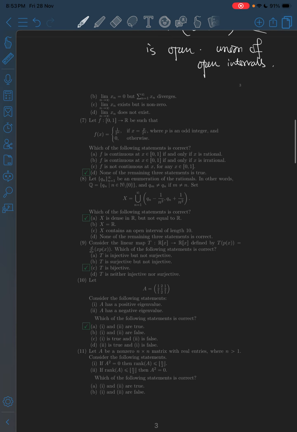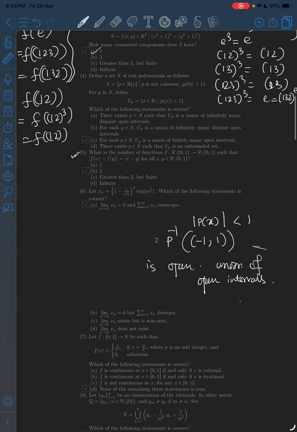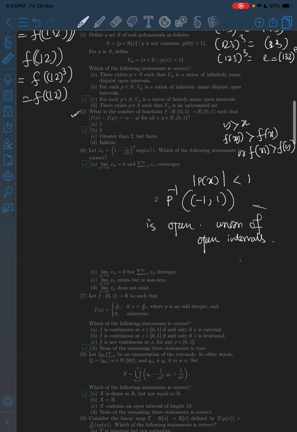Now again, you can just draw a graph and observe this. What is happening here is that if y is greater than x, then either f(y) is greater than f(x), or f(x) is greater than f(y), such that the distance is actually the same, right? Because this is an isometry. But my question is, is this possible?